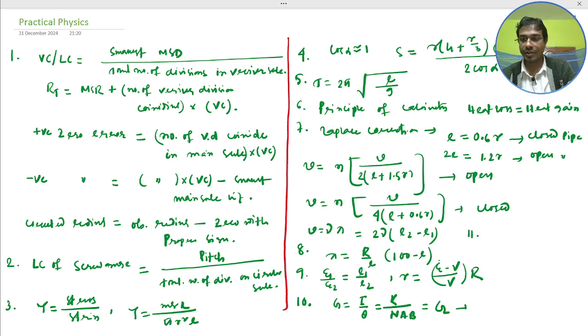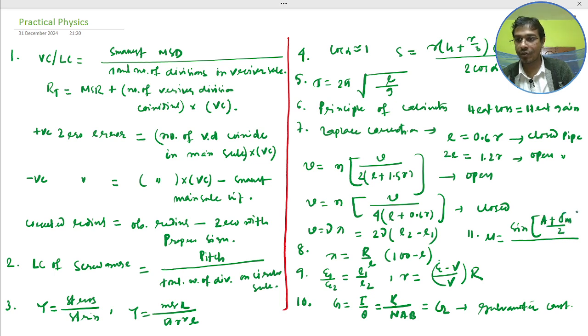And the last one, the prism formula: the refractive index mu is equal to sine of (A plus delta m) by 2, divided by sine A by 2. This is called the prism formula.